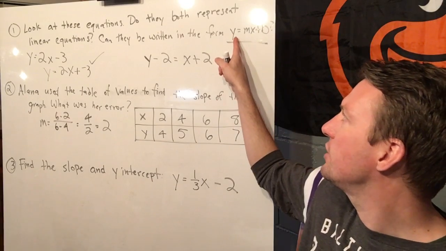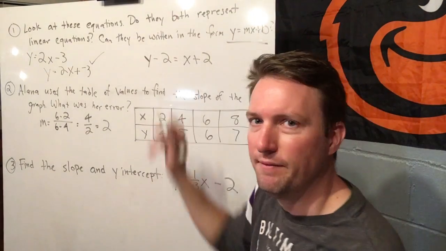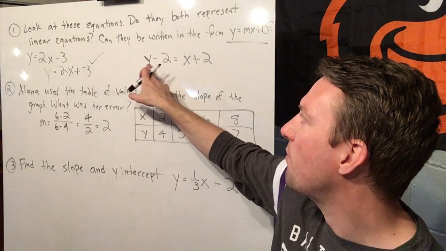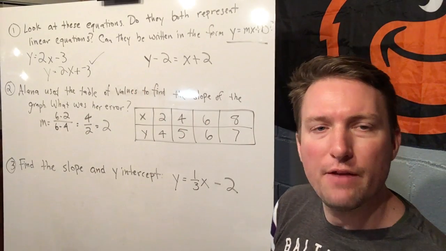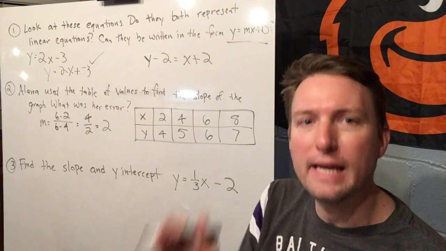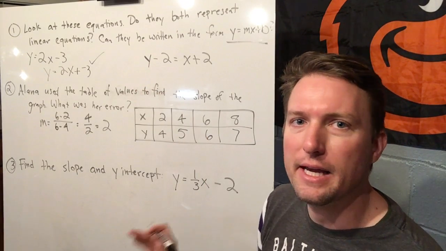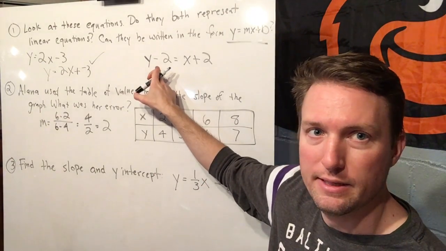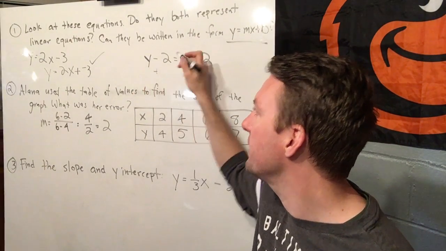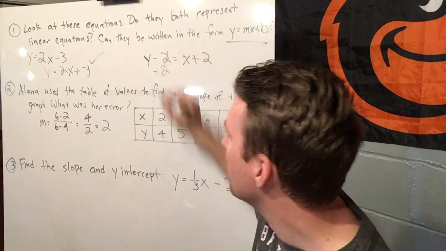What you want to try to do is get your y on the left-hand side of your equation. So in order to do that, we have y minus 2. If we want to get rid of a number that we're subtracting, we do the inverse operation. The inverse operation of subtraction is, that's right, addition. So we're going to add 2 to this side, and that takes care of this 2.